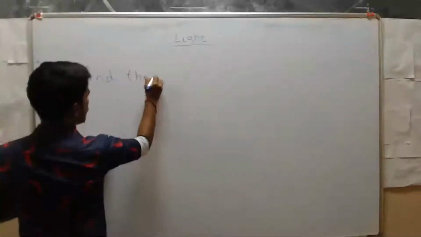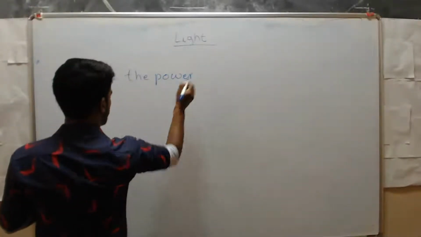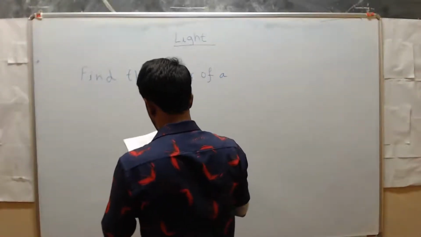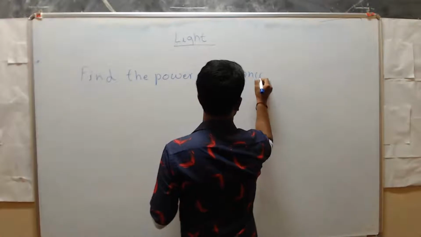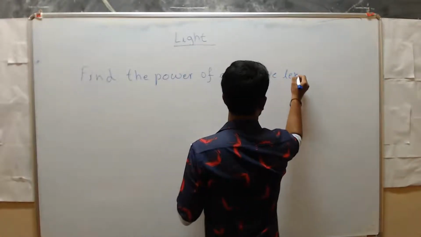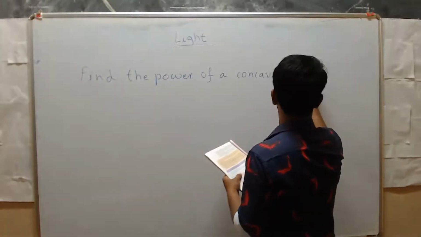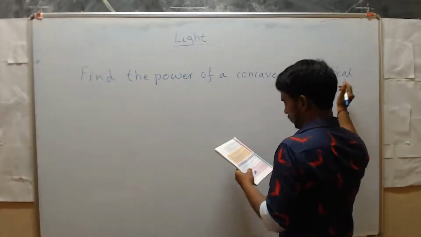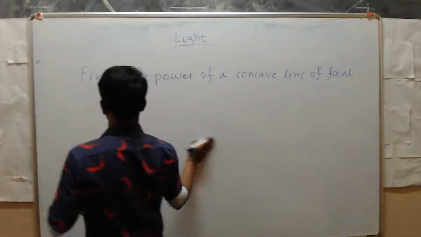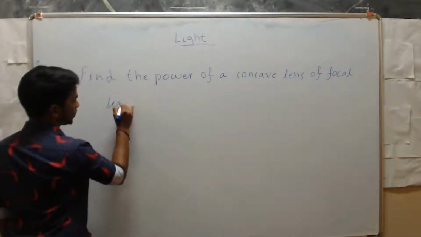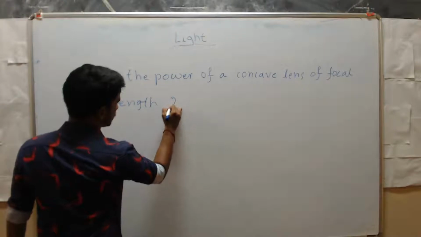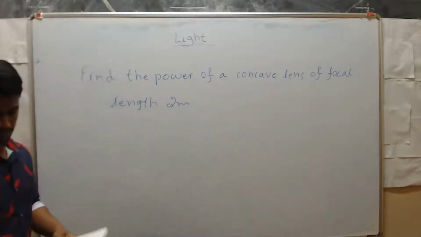Find the power of a concave lens of focal length 2 meter.